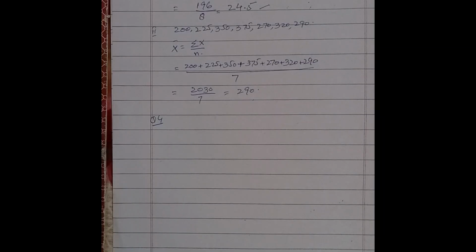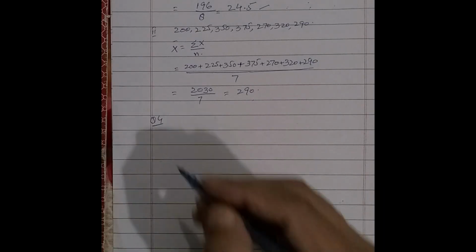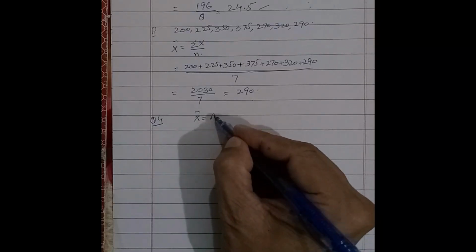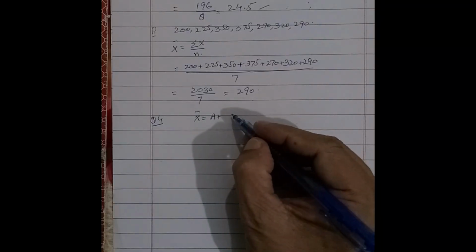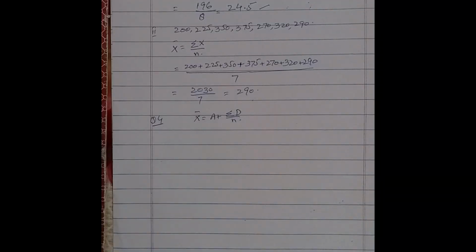In question number 3, compute the arithmetic mean using the indirect method, which simplifies the data and then finds the arithmetic mean, which is x bar equal to a plus summation d over n.